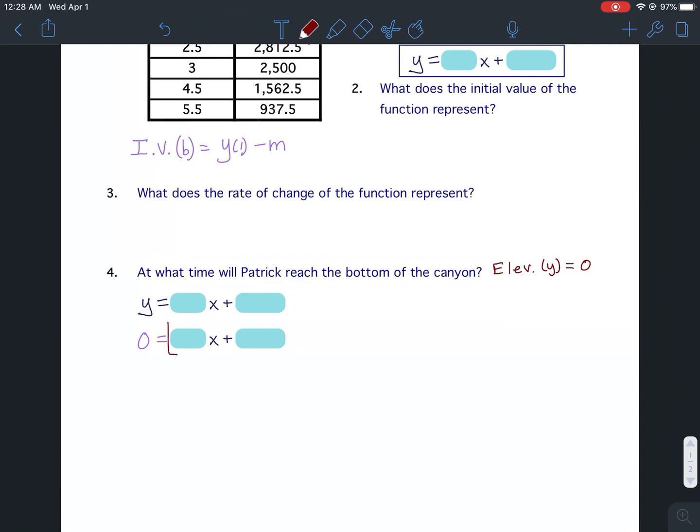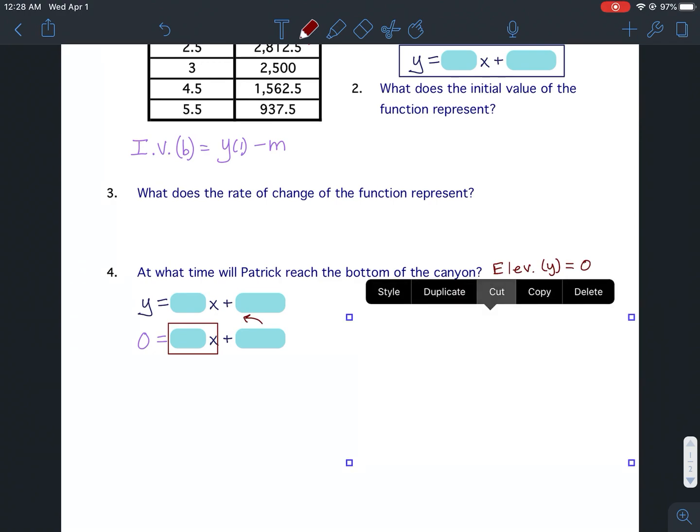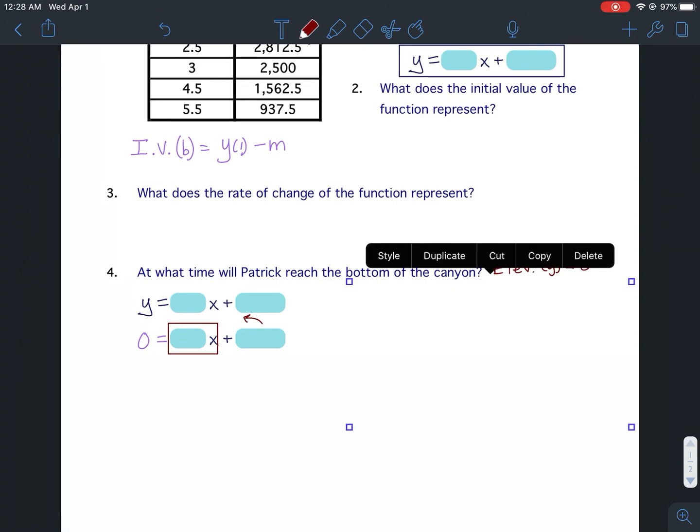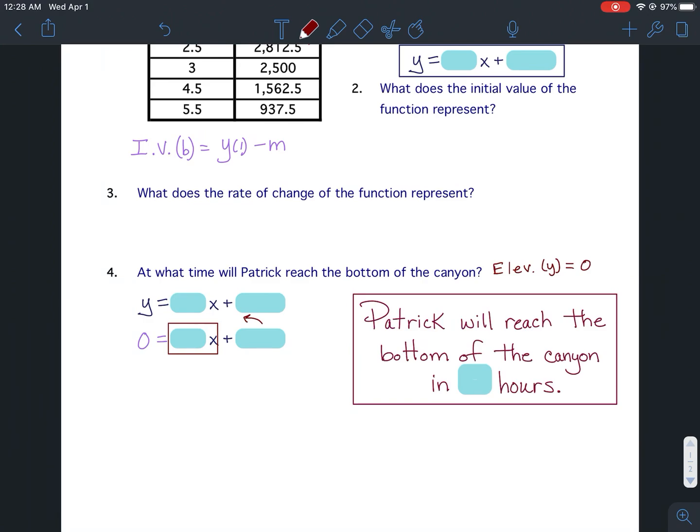You would box your x term, take your constant to the other side, and solve for x. You could pause the video, go ahead and do that, and in the end, you could write your answer. Patrick will reach the bottom of the canyon in blank hours. When you're done, please make sure your answer is in word form.